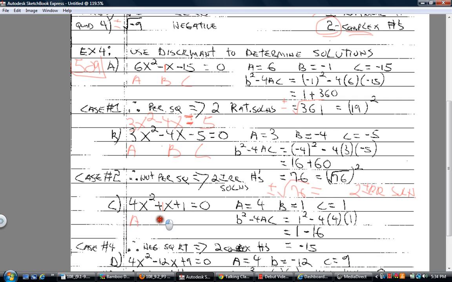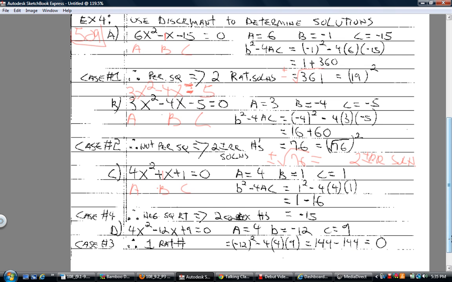So here's your A, here's your B, here's your C. Plug and chug. 1 squared minus 4 times 4 times 1. Plug them all in, and you get 1 minus 16, and you get negative 15. Now you see it's a negative number. What you could do in your head to answer this: you are taking the square root of a negative number into plus or minus. Therefore, you know you're in imaginary and you've got complex numbers.